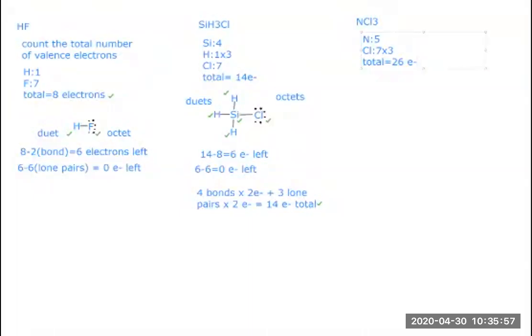And so the total is 3 times 7, 21 plus 5 is 26 electrons in total. So that's the number of electrons we will need to distribute.